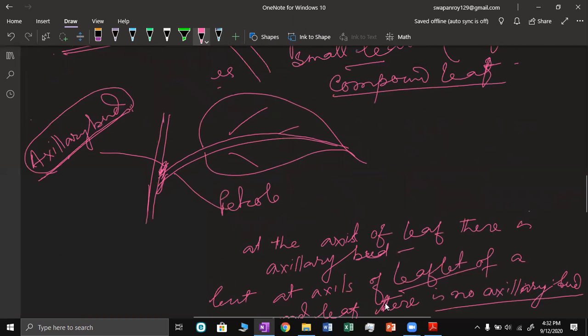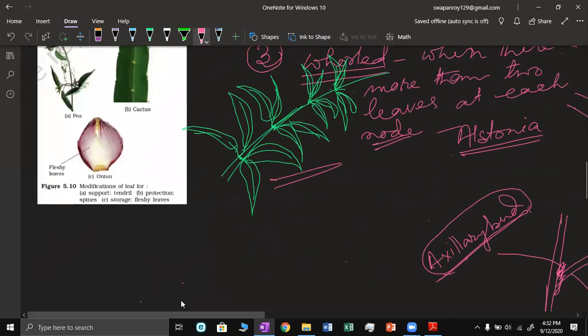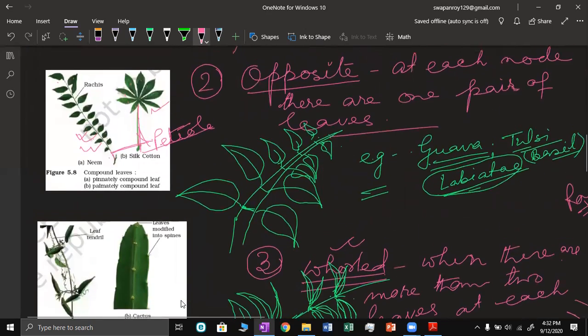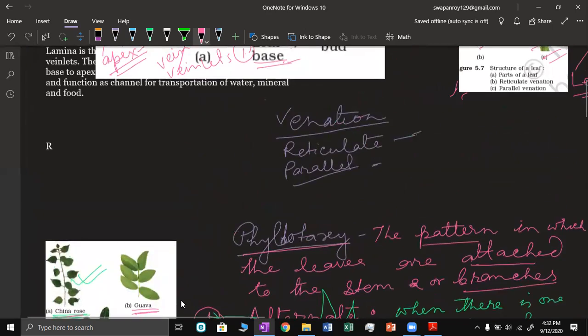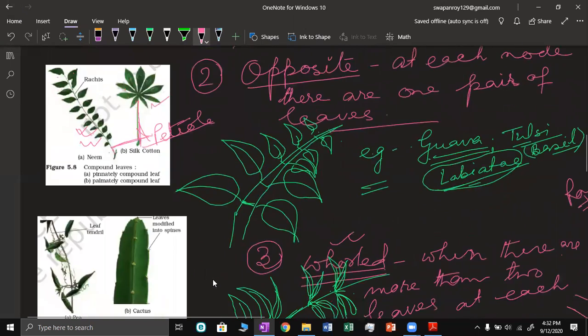Okay, you can see the leaf photographs, and from the original specimen also you can get it. See, these two are compound leaves, this one as well as this one. Here this is the stem, this one is the petiole.